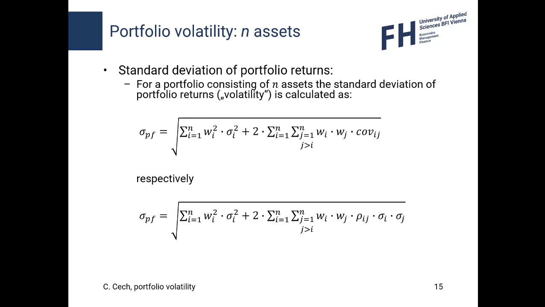Again, I have presented two formulas that yield the same result, and as before, you see that the only difference is that in the first formula we have the covariance, whereas in the second formula we have the covariance expressed by the correlation and the different volatilities of the constituents.